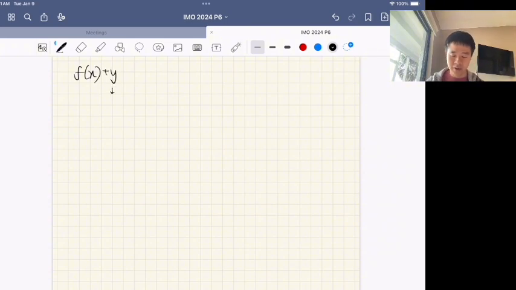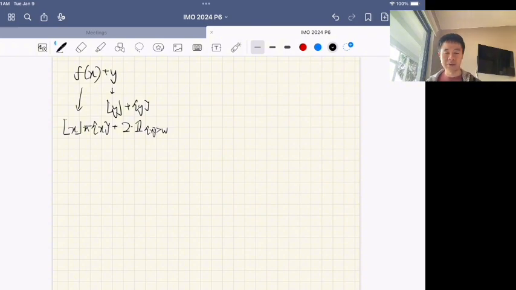Again, this one we will just write as the floor plus the fractional part. This one is just the floor plus fractional plus 2 times an indicator of whether x is greater than w, where w is our threshold. And same thing.